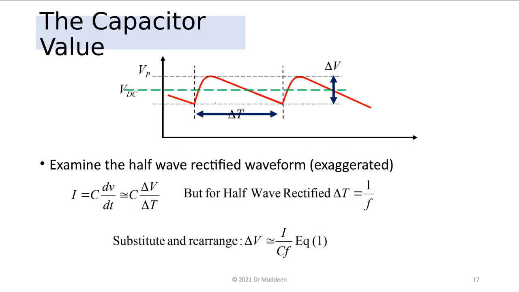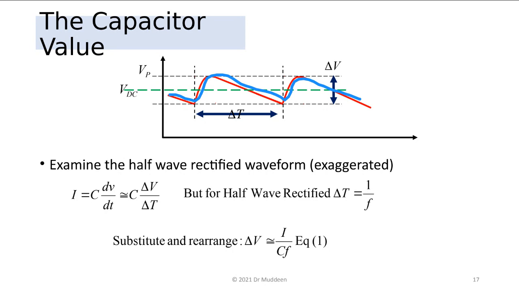All right, so let's look a little bit more at the capacitor value. If we look at the half-wave rectified waveform, this is after it has been filtered, and of course I'm exaggerating it. Between the charges, the voltage is doing this, so it has a charge, a discharge, a charge, and a discharge.